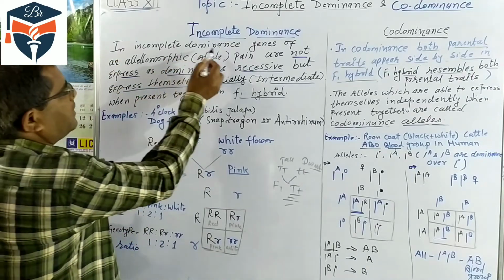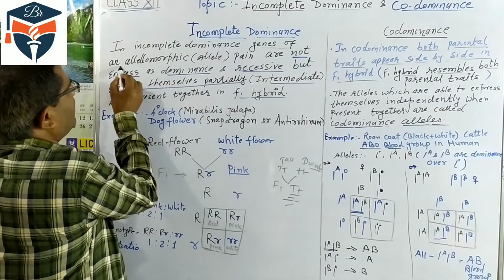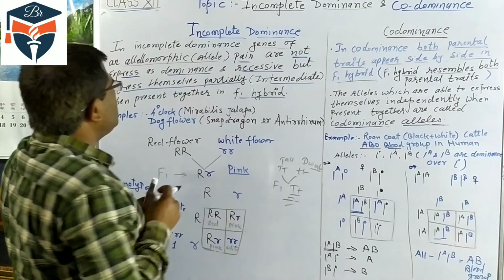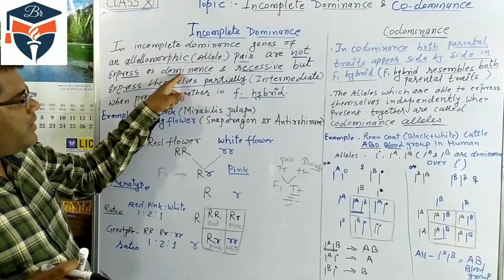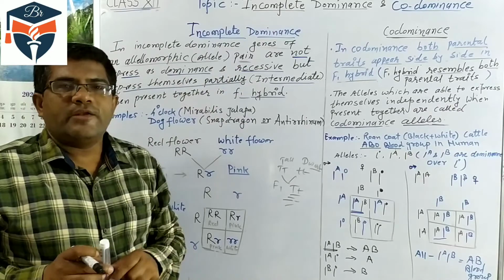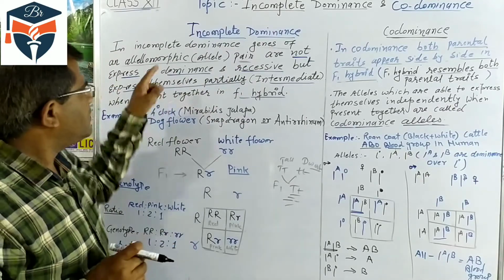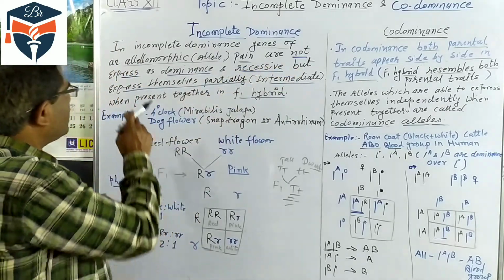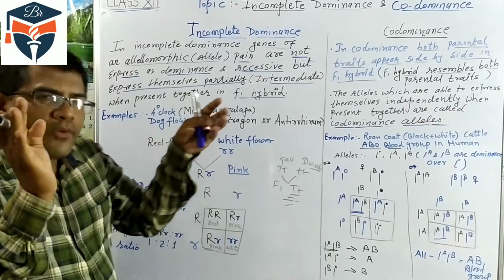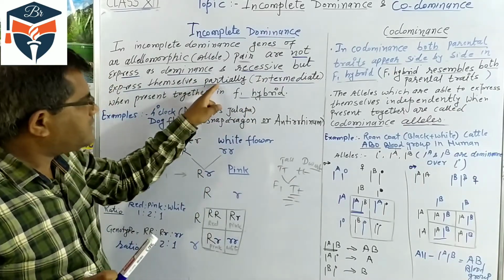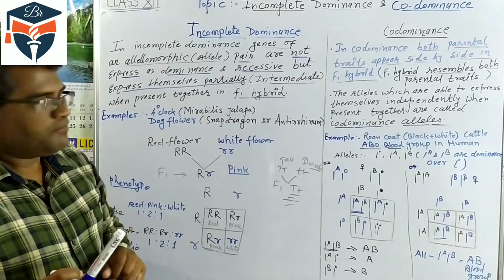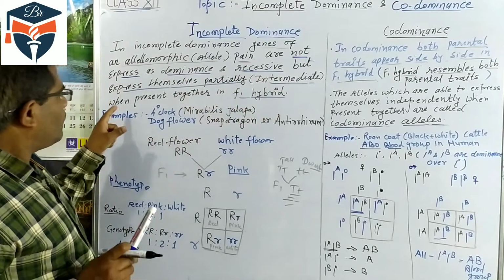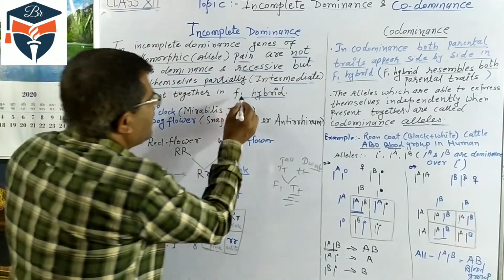In incomplete dominance, the genes of an allelomorphic pair are not expressed as dominant and recessive. It means the alleles do not express as a dominant or recessive allele, but express themselves partially. Both alleles are expressed partially or intermediately when they are present together in the F1 hybrid.